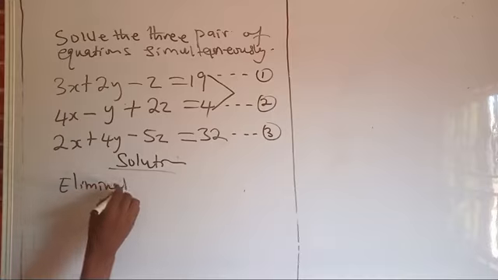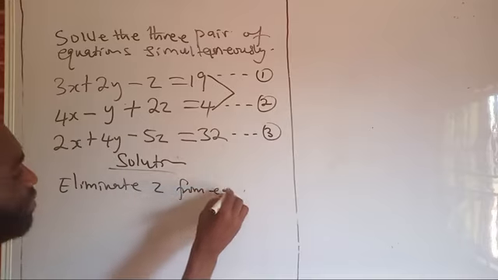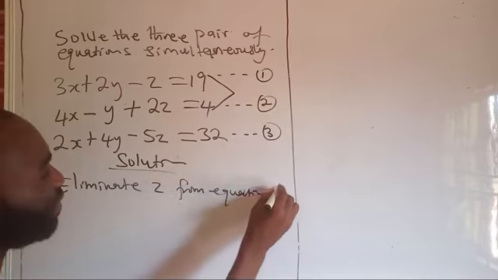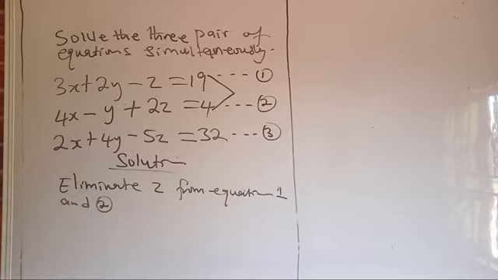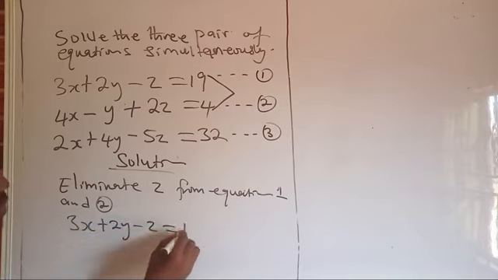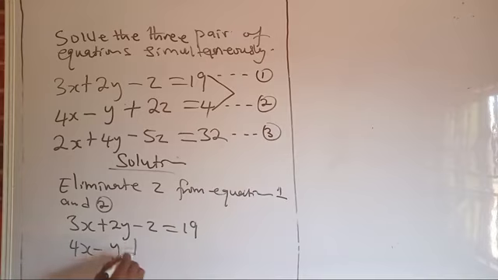So we have 3x plus 2y minus z is equal to 19. From here we have 4x minus y plus 2z is equal to 4.